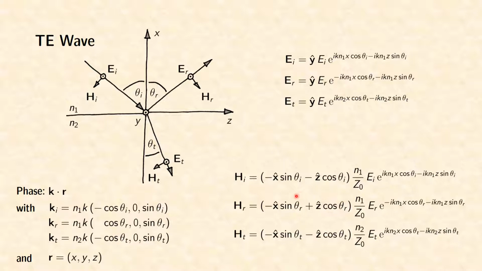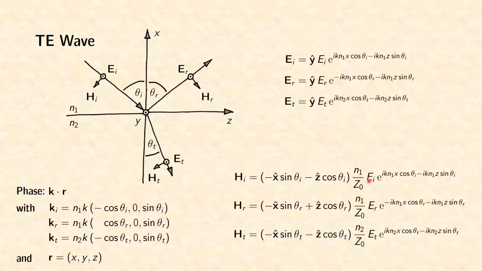You can see that, for example, the incident magnetic field goes in negative x and negative z direction, so minus and minus, and the reflected magnetic field goes to negative x and positive z direction, and that's the reason for these signs.